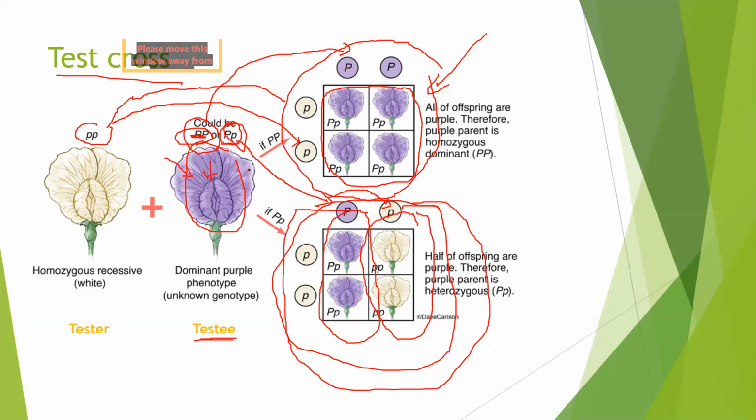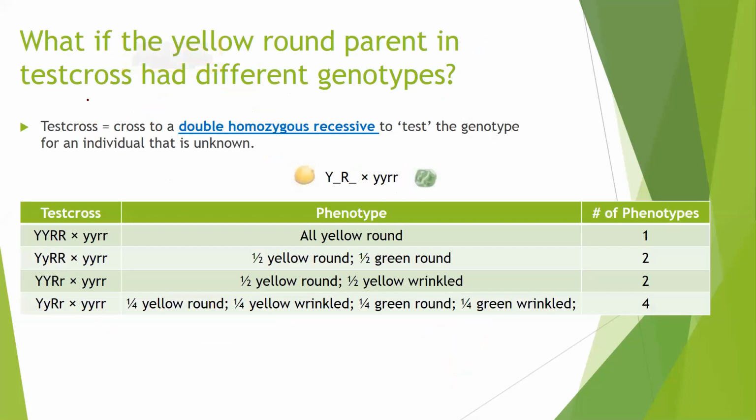All right, okay. So this is a simple model. We use one gene, two alleles, and we can do the test cross for two genes as well. So suppose I gave you a round shape, yellow seeds. Based on this, you can conclude that this pea plant will carry at least one big Y and one big R, right?